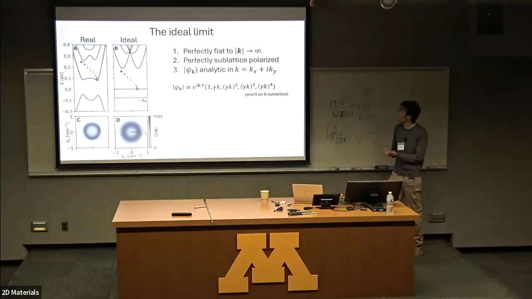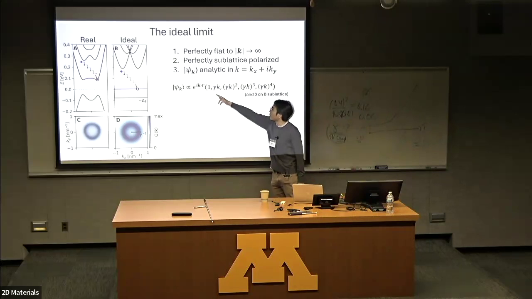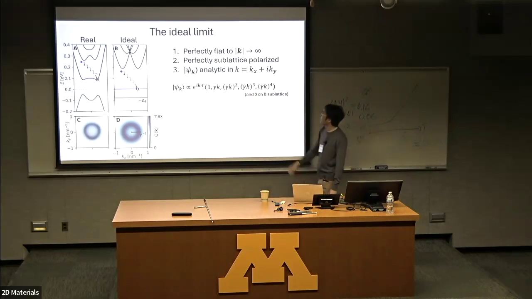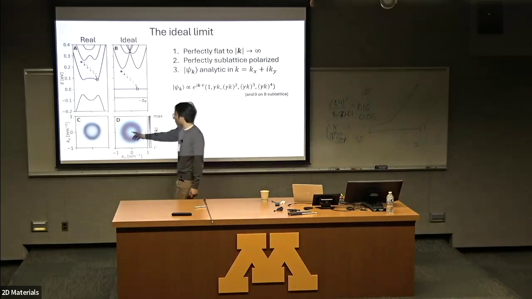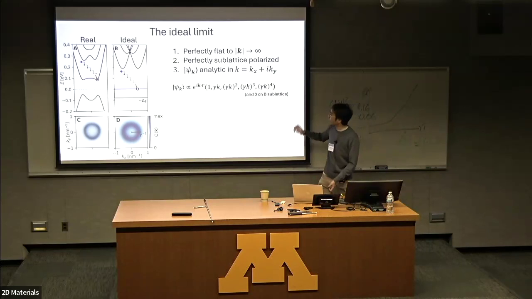And it's also analytic in kx plus iky. So the wave function in layer space is all sublattice polarized, so it's 1, and then k squared, k cubed, and k fourth. And this is a pretty good approximation to the real spinor as you get very close to k equals 0. As you get further away, it becomes more different.